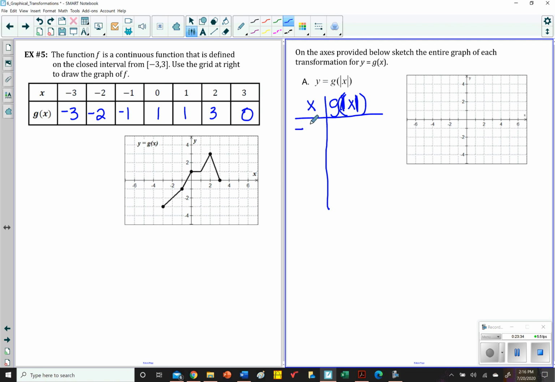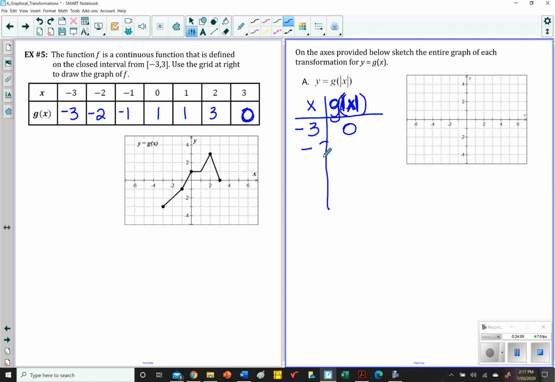In this case, if x is -3 and I put a -3 in the absolute value, my y value needs to be +3, and on the table that's 0. You follow that? The g of the absolute value of -3 is the g of +3, and the g of +3 is 0. Okay, so let's complete the table, and then we'll graph the graph.